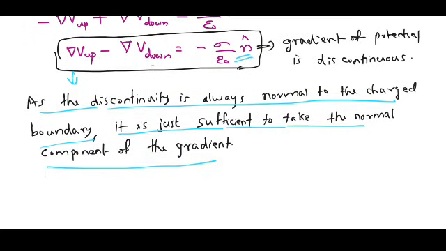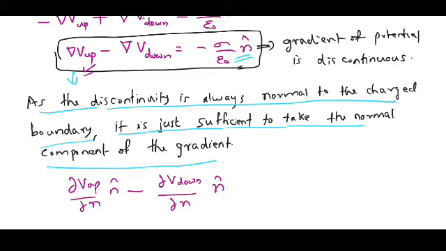What is the normal component of this gradient? I will write it as dou V up by dou n cap minus dou V down by dou n cap, which is equal to, on the right hand side, minus sigma divided by epsilon 0 n cap.